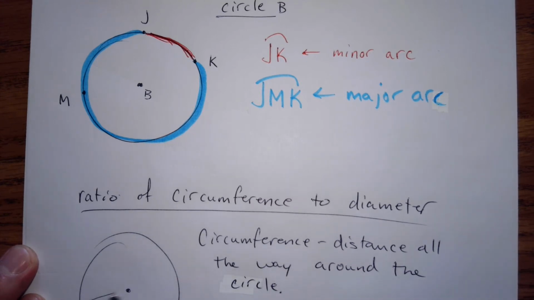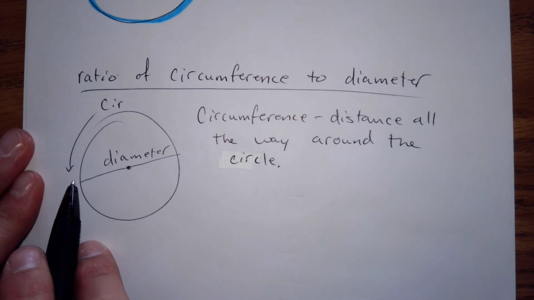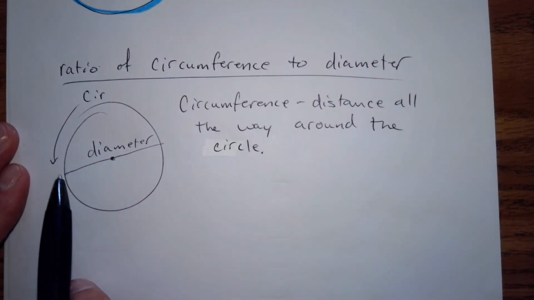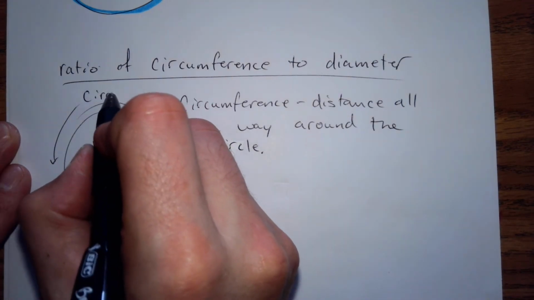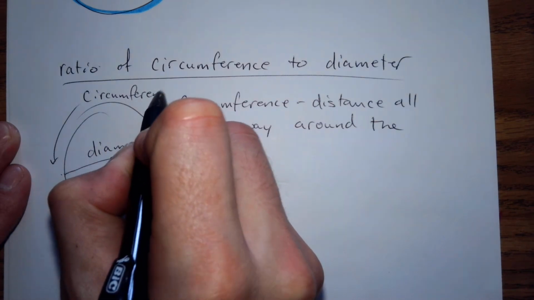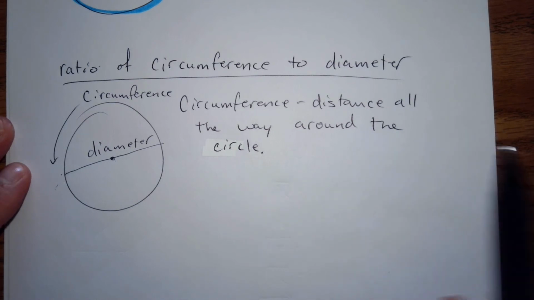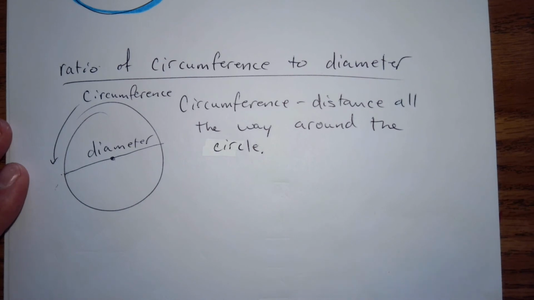And the diameter, of course, is the distance through the center. It's the chord that goes through the center. That's the diameter. So circumference is the distance all the way around, and the diameter is the chord, or the distance of the chord that passes through the center of the circle.